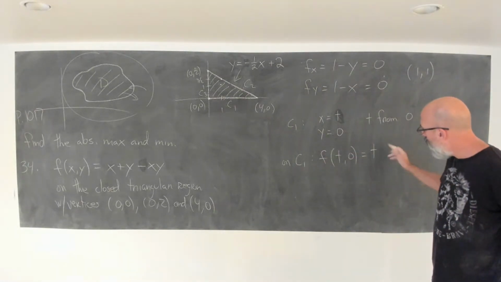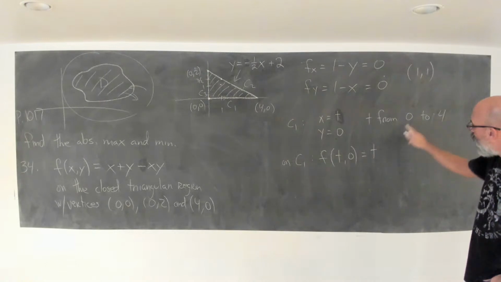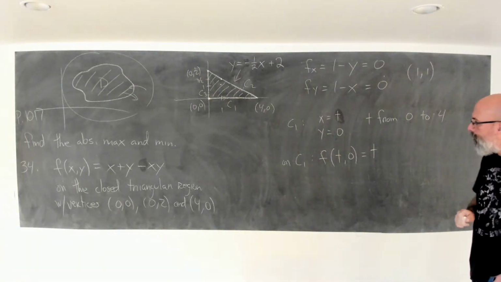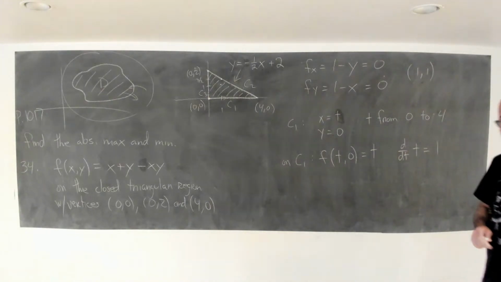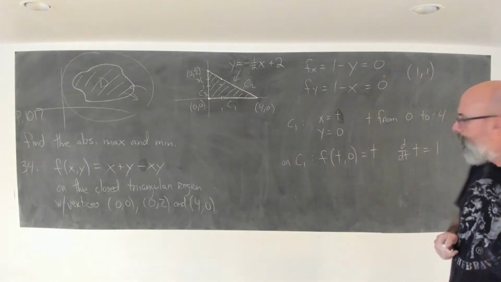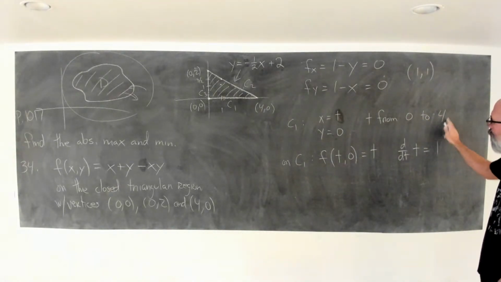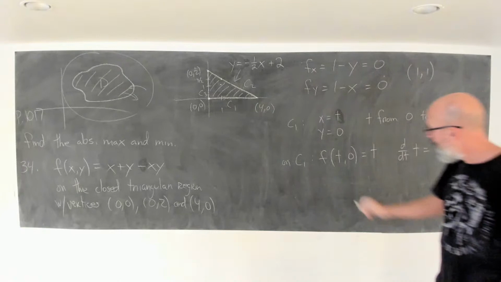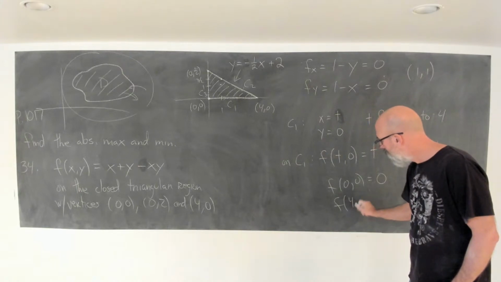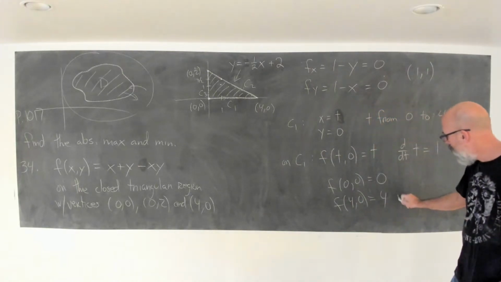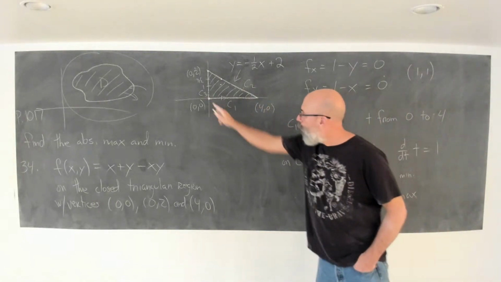You find the critical points of this function of one variable, and the max and min can occur at critical points or at the endpoints. Here there are no critical points, so the max has to occur at one of these points and the min at the other. This is the max, this is the min. On C1.